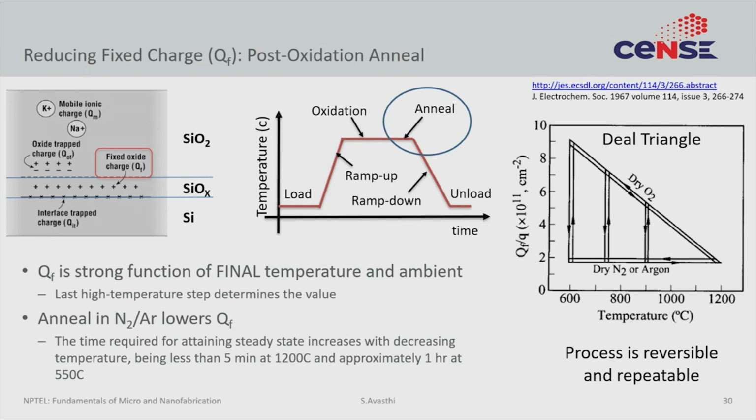This is actually a result that was published in 1967 by one of the authors, whose name was Deal, and that is why it is called a Deal triangle in their honor. It is a very interesting and remarkably powerful result. The first thing they observed was that the amount of defect density you have at the interface, the fixed oxide defects, depends upon the ambient, that is, oxygen versus nitrogen, and the temperature at which the wafer is sitting.